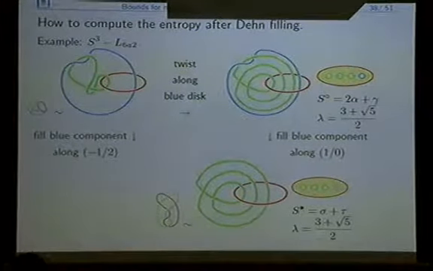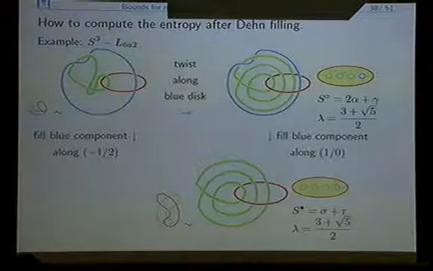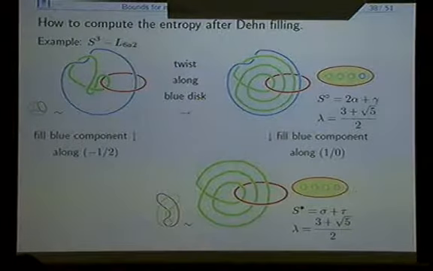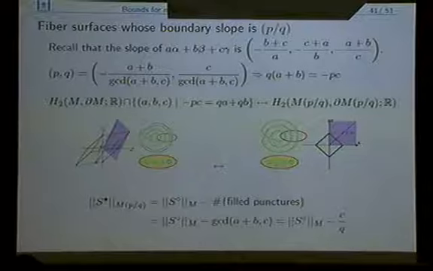And we can get from here to here. So we want to know what surface has boundary slope equal to the surgery slope. And it's easy to compute because the slope is this.